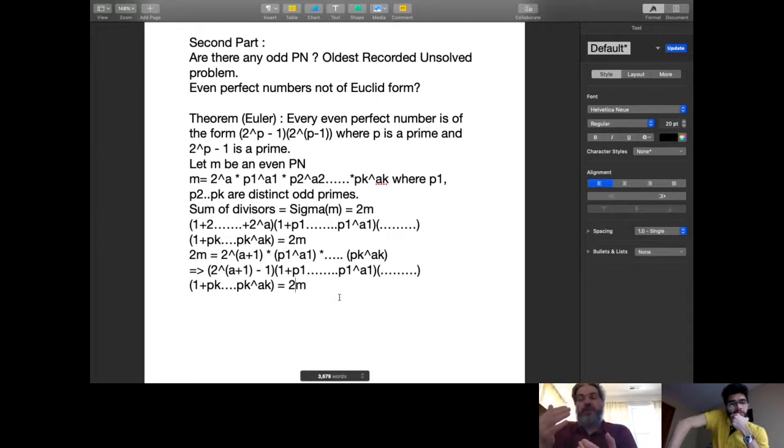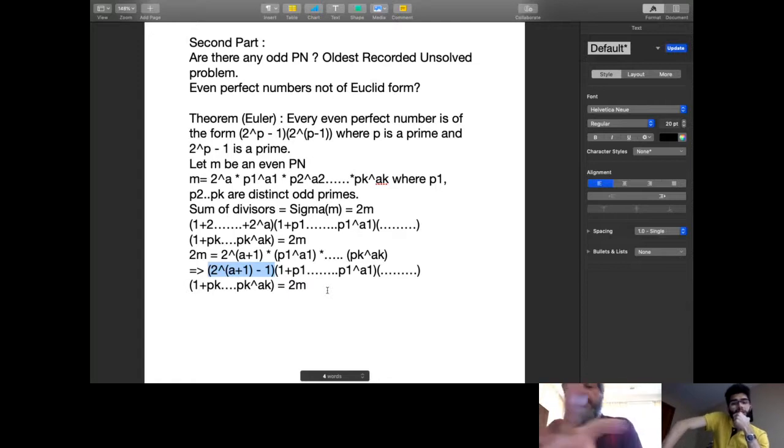But then a plus 1 is larger than or equal to 2. So 2 to the a plus 1 is at least 2 squared, minus 1 then, because I have to subtract. 2 squared minus 1 is 3. So this number, 2 to the a plus 1 minus 1, is an odd number larger than or equal to 3. If it's an odd number larger than or equal to 3, it has a prime factor.